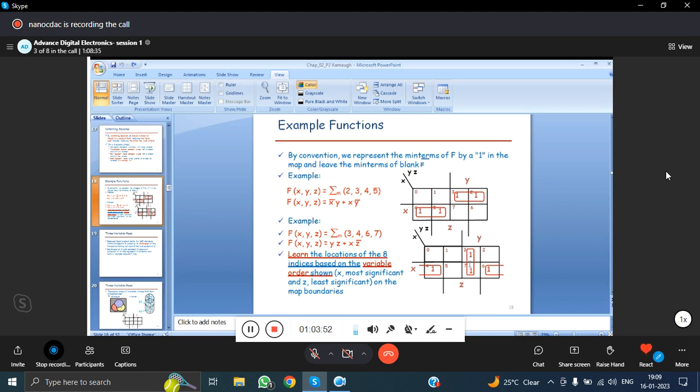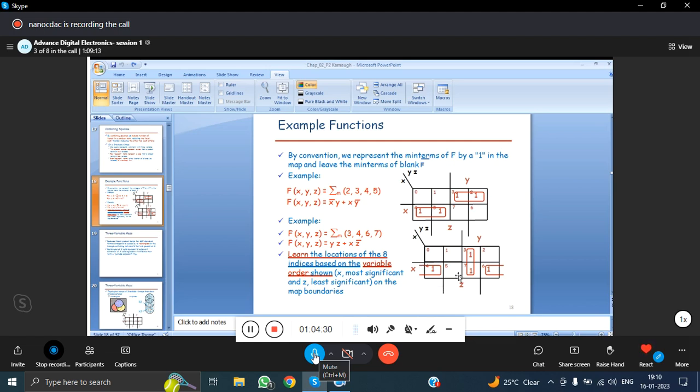But in this case, see 3 and 7, this way you can write it as yz, because here x bar is equal to 0.